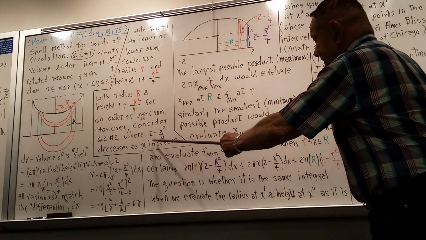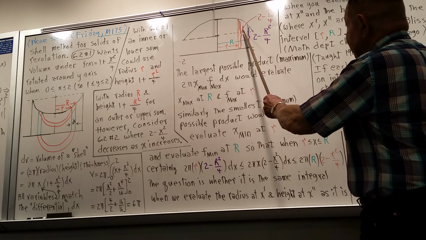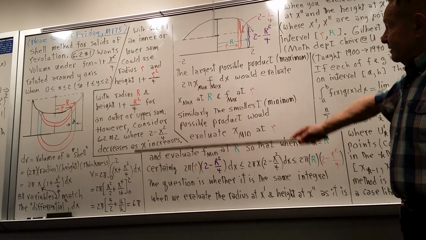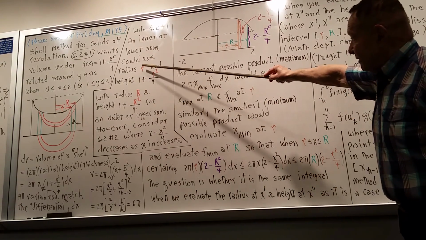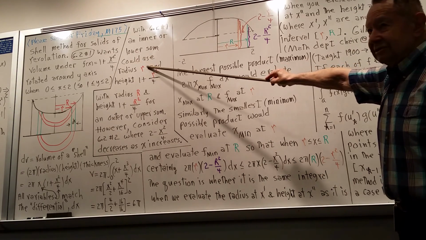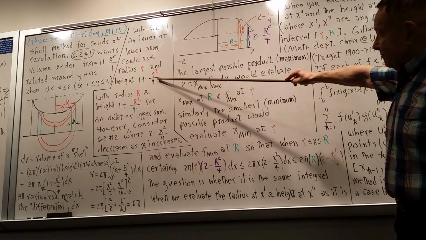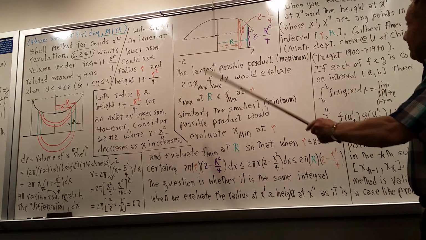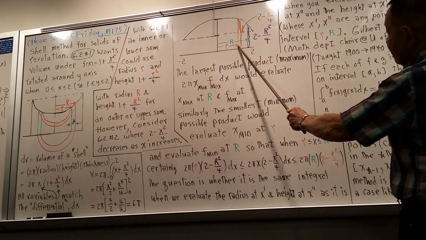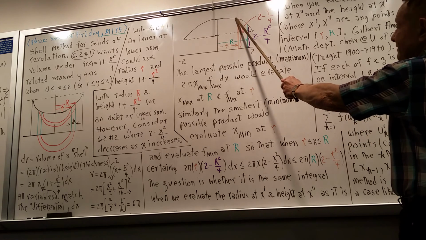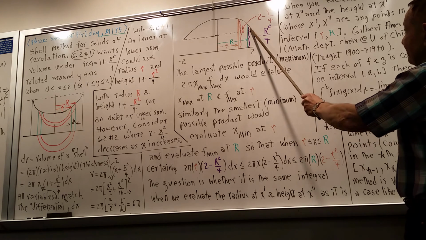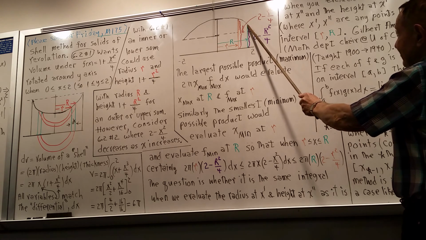So you can't say in this problem, as you could in this one, that on the one side, in problem one, you took little r, and the height, that was the smallest radius, and the height at that point was the smallest height. Here, if you take the smallest radius, this kind of tan color, that's your maximum height.